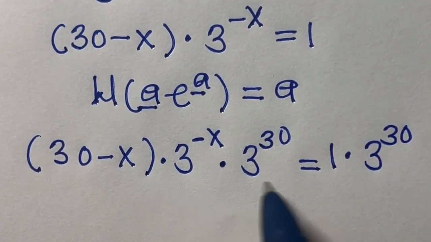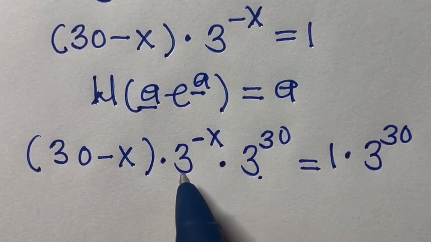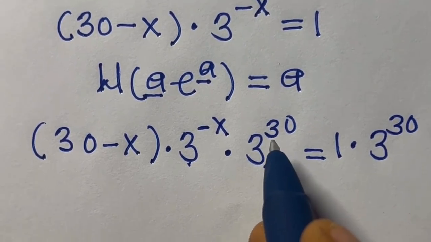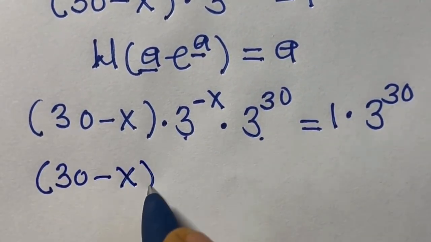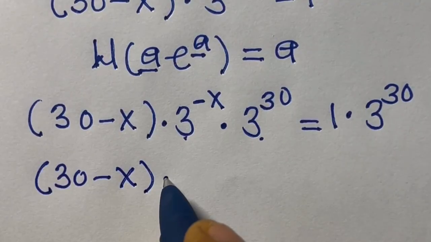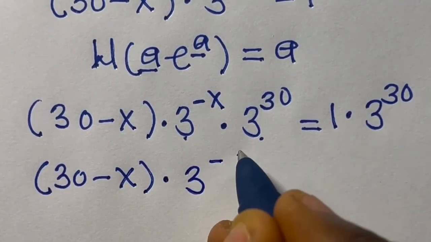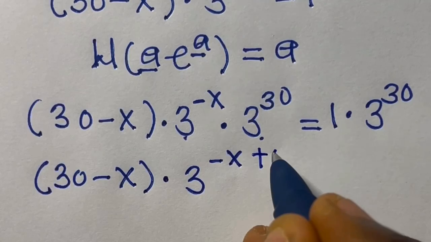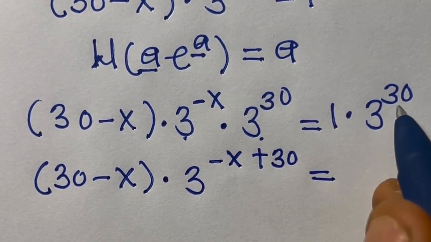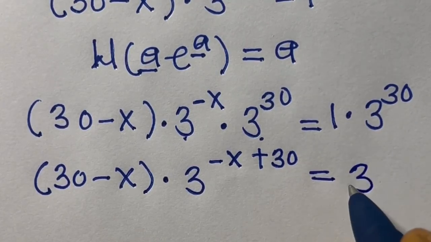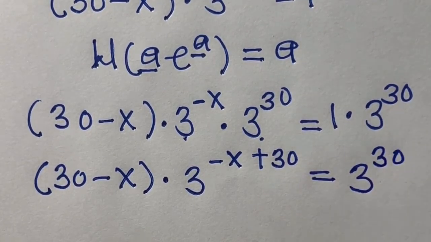So from here now we have this and this. From the law of indices, when numbers with the same base are being multiplied, their powers are added. So we will have 30 minus x multiplied by 2 raised to power minus x plus 30 equals 1 times 3 raised to power 30, we have 3 raised to power 30.